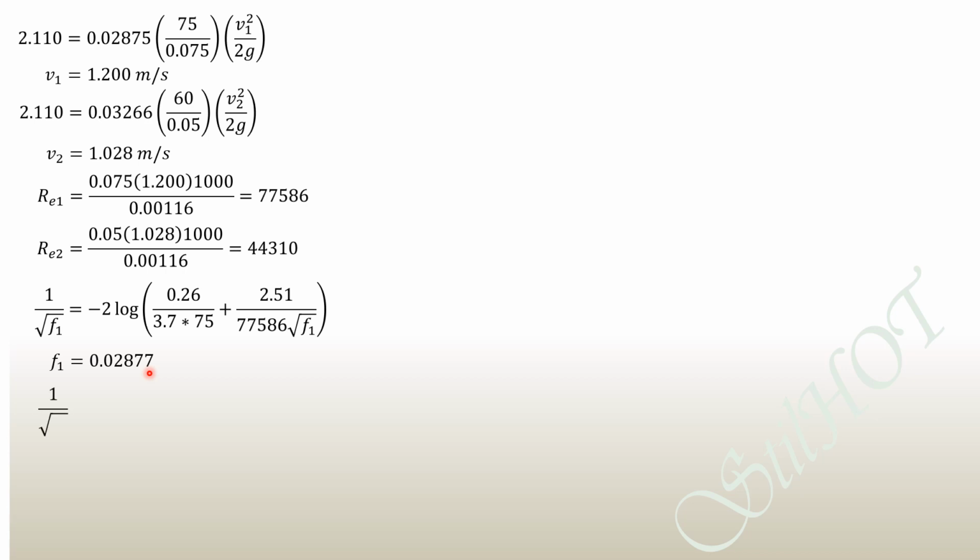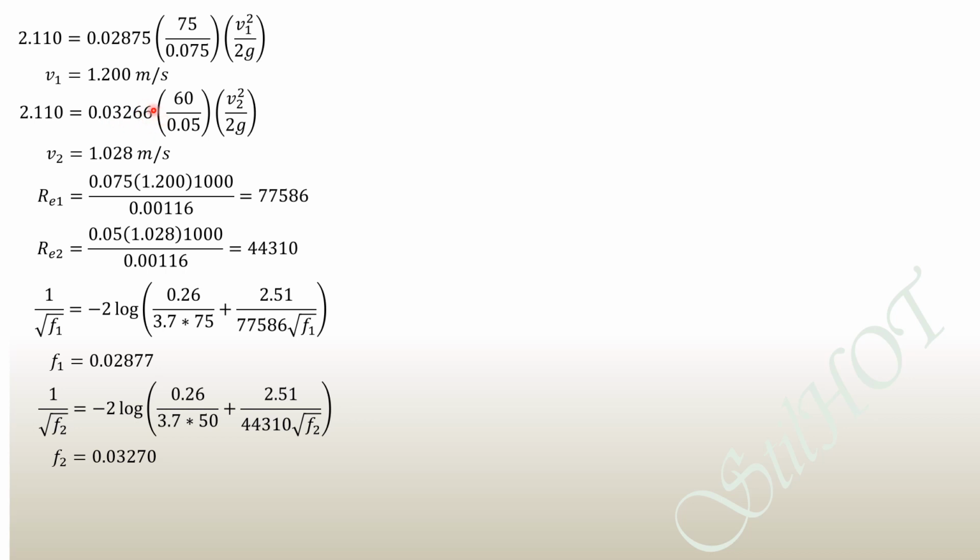Likewise, 1 over square root of F2 equals negative 2 log of quantity 0.26 over 3.7 times 50 plus 2.51 over 44,310 times square root of F2. So F sub 2 is equal to 0.03270. So it also improves.